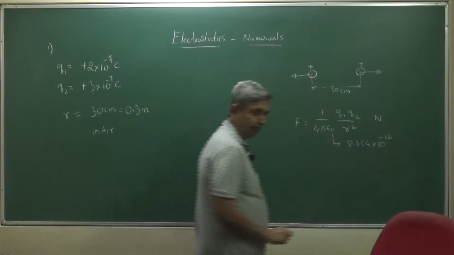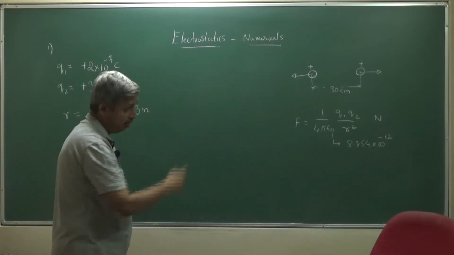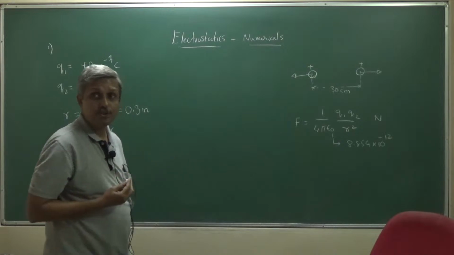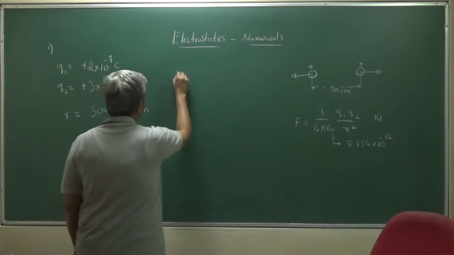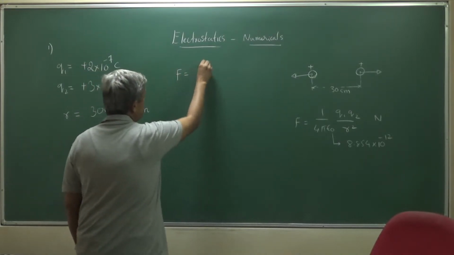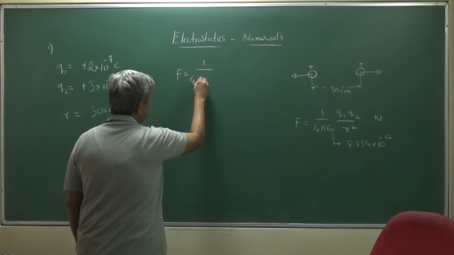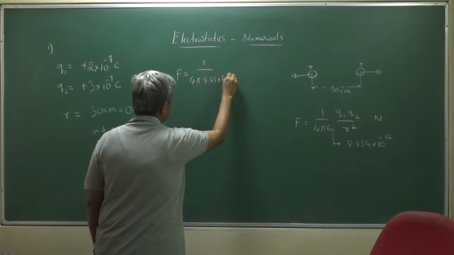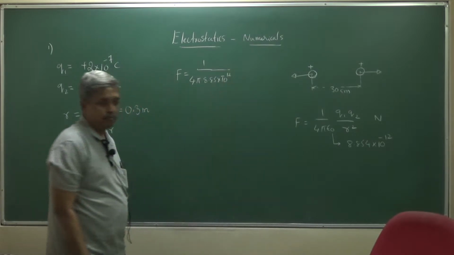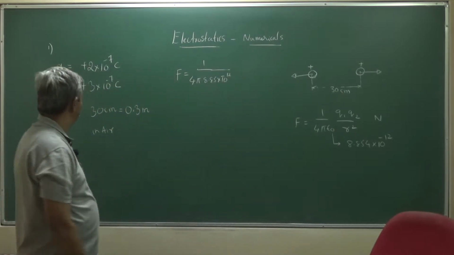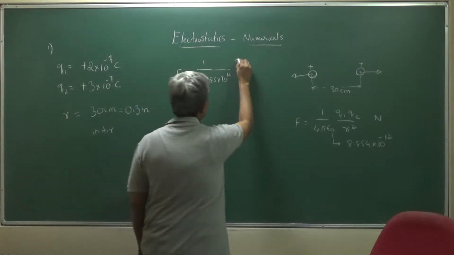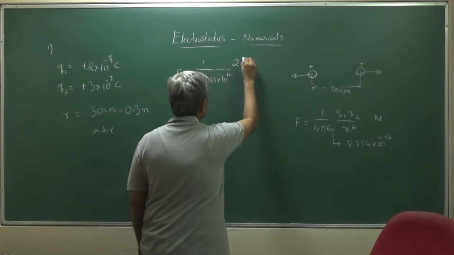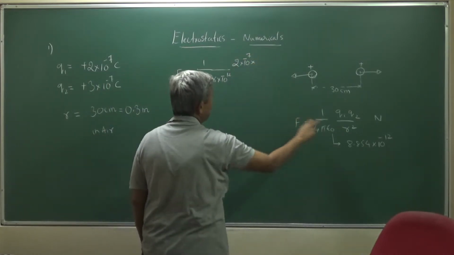Again, we will substitute into that formula. So F is equal to 1 by 4 pi epsilon naught, where epsilon naught is 8.85 into 10 power minus 12. We substituted the first part. Q1 is 2 into 10 power minus 7, into Q1 into Q2.